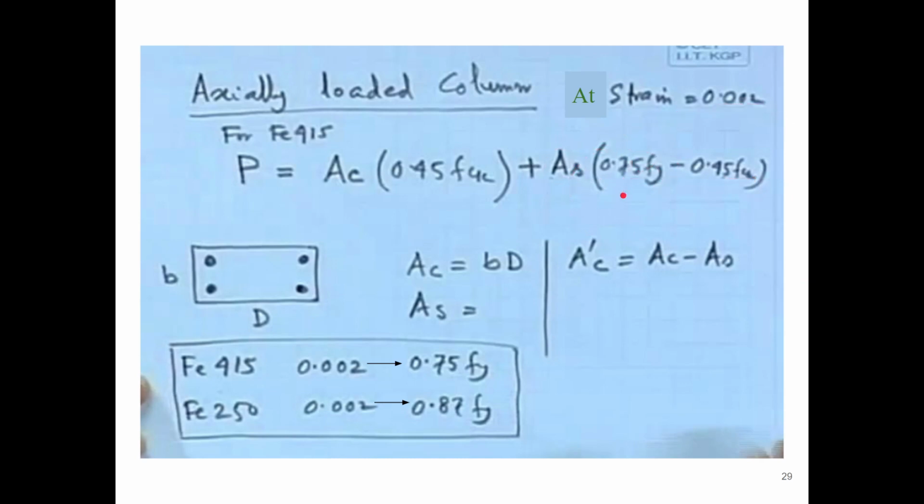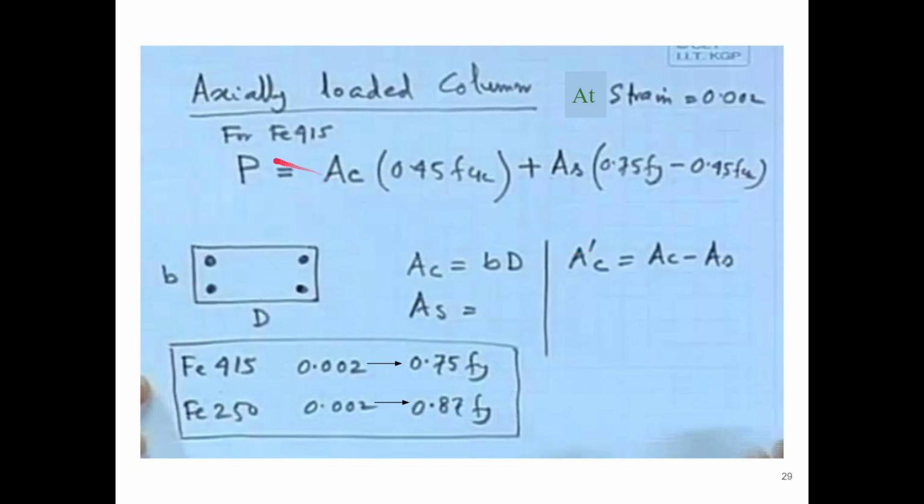The steel is at a particular distance, center to center, inside the concrete. So we can say that the steel rebar is a mixture in concrete, right? So the total stress will be taken by both the concrete and steel, so we need to subtract the stress taken by the concrete. That's why it is AS into 0.75 fy minus 0.45 fck. That is the design philosophy basically.